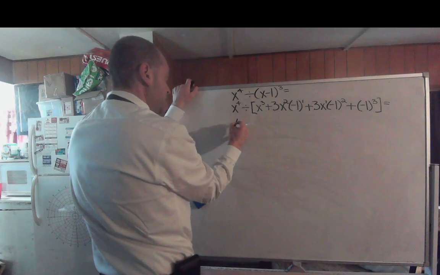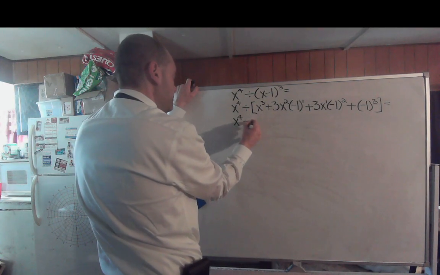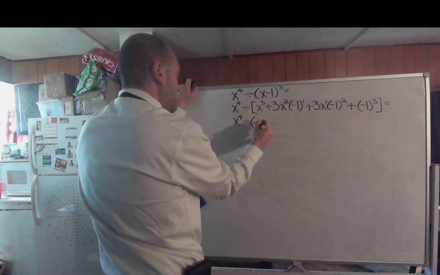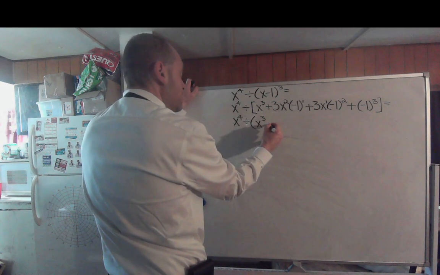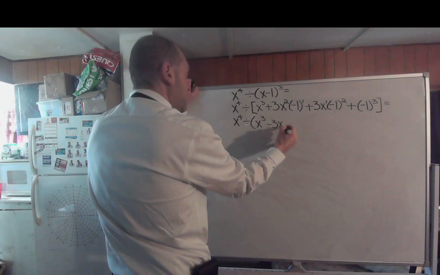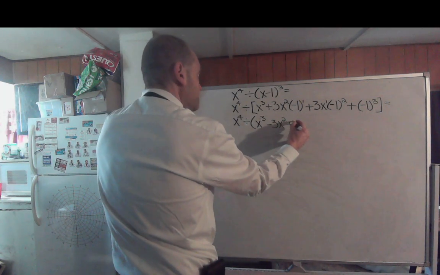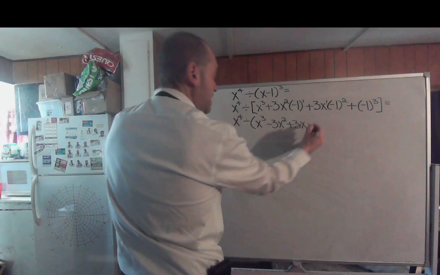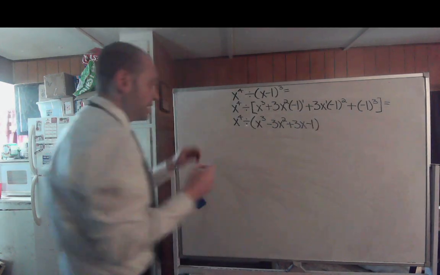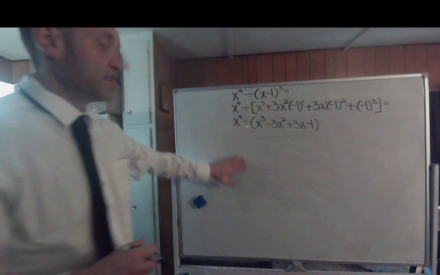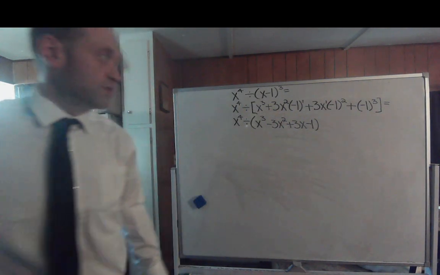So in simplified form, this becomes x to the fourth divided by x to the third minus 3x squared plus 3x minus 1. Now we have something we can actually work with for our polynomial long division.